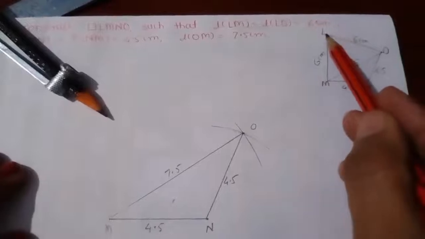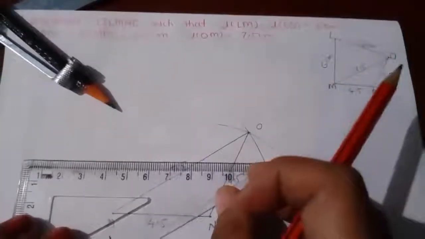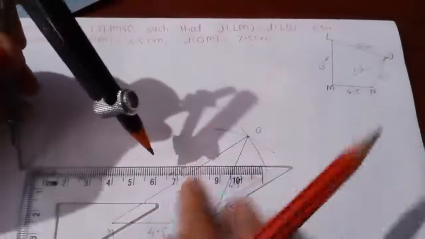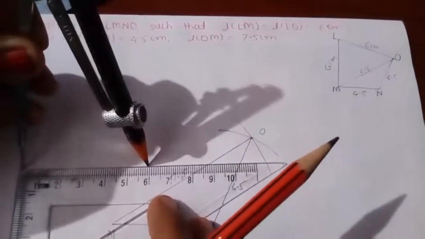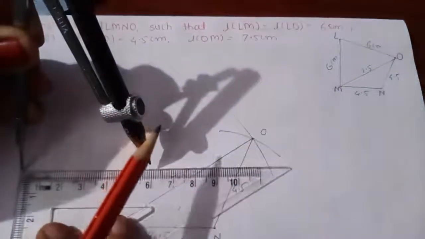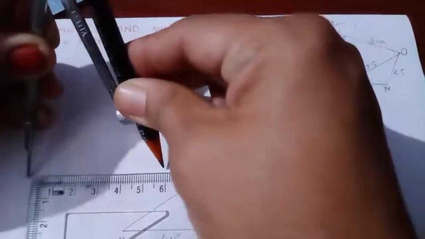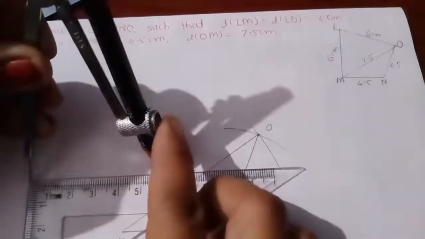Then we have to draw point L. Point L is 6 centimeter from M. So take a distance of 6 centimeter in your compass, put it on point M and make one arc.